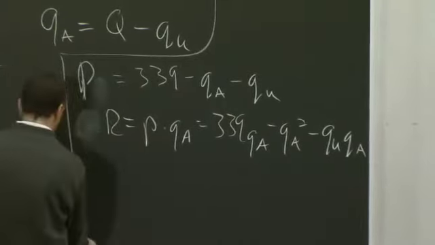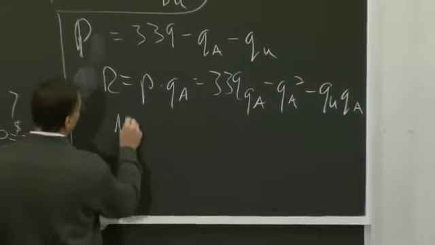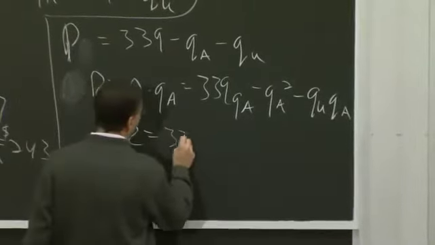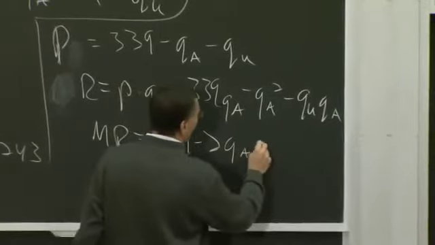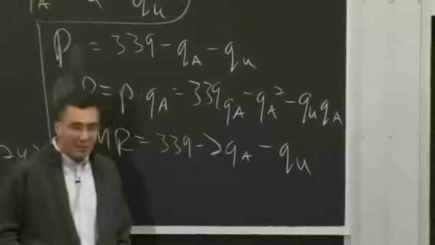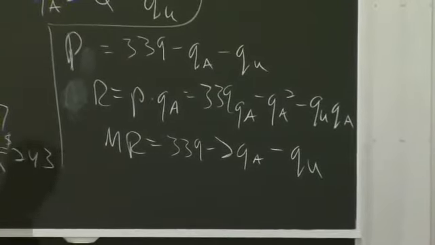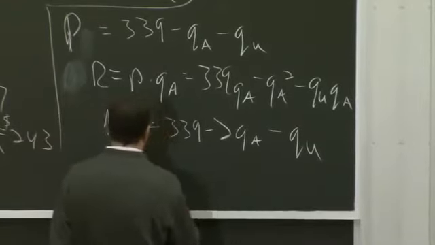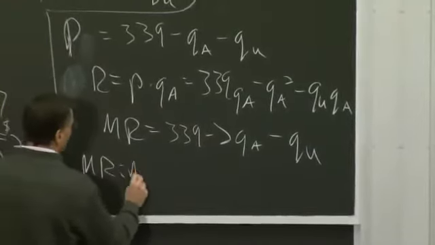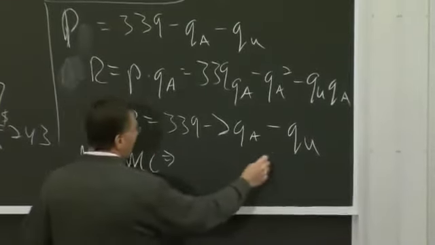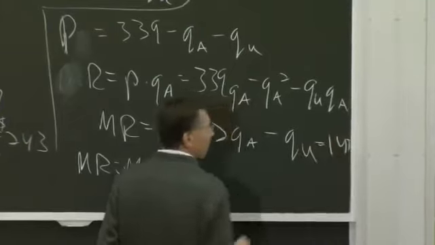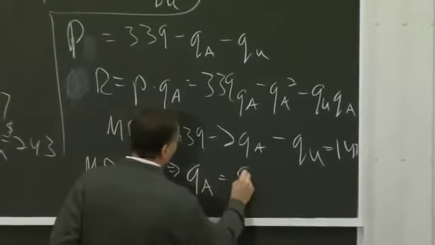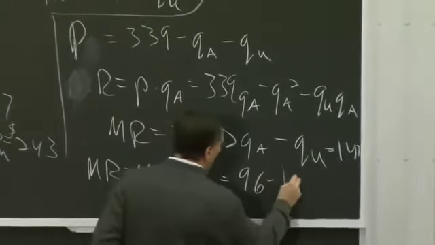Marginal revenue, differentiating with respect to Q sub A, which is all they can control, is going to be 339 minus 2 Q sub A minus Q sub U. That's their residual marginal revenue function. They're going to set marginal revenue equal to marginal cost, so they set this equal to 147. And solving, you get that Q sub A equals 96 minus 1/2 Q sub U.